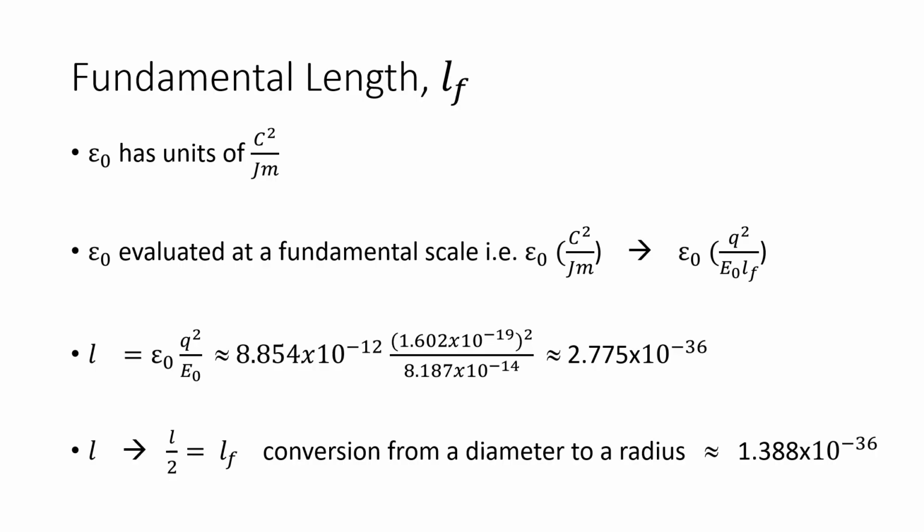There are a couple crucial points to note here. First, notice that the value of epsilon naught remains on the right side with the scaled units. In other words, the typical value associated with the vacuum permittivity, i.e. 8.854 times 10 to the minus 12, remains attached to the scaled elements.